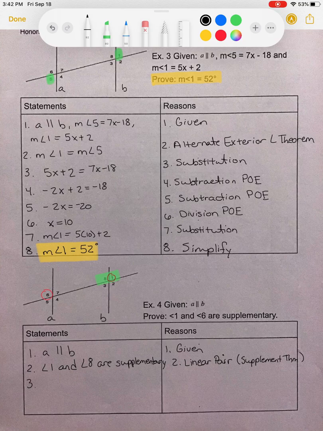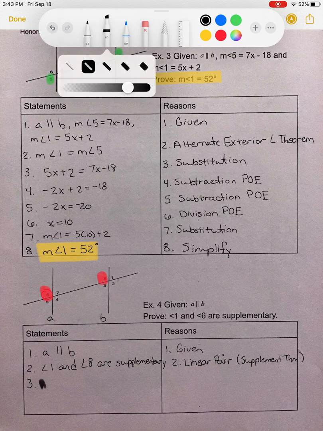So now, could you say that there's a relationship between the 8 and the 6? So we're trying to get the 1 and 6. So the 8 and 6 have a relationship. We would say those are congruent.